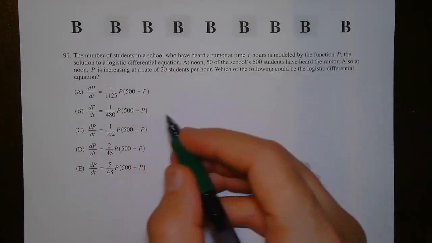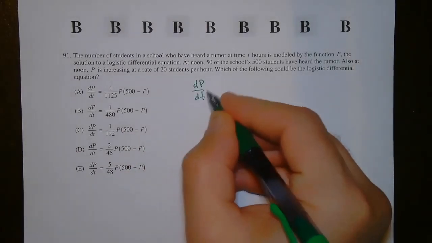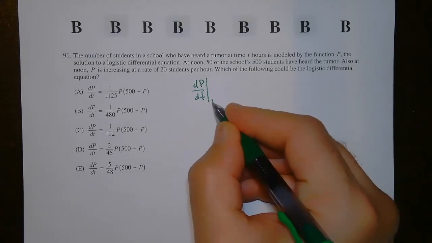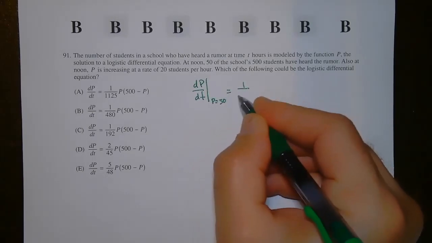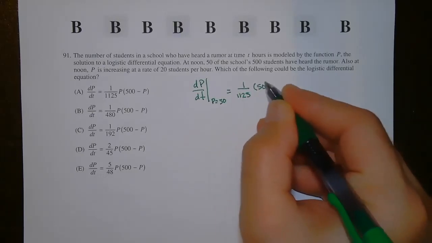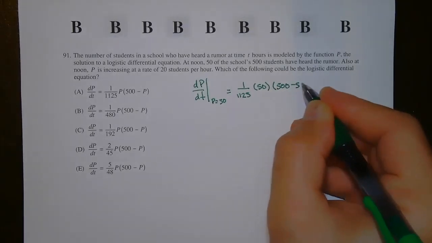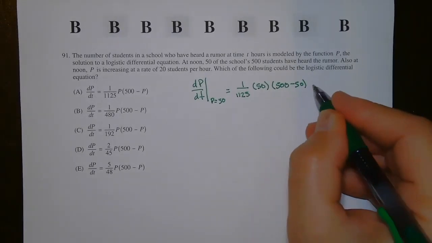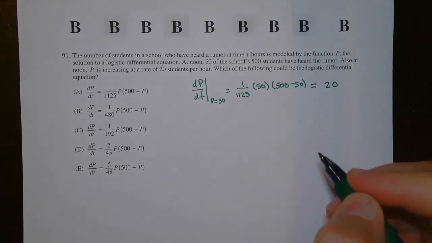If you try this first one, dp/dt at p equals 50, that'd be 1 over 1125 times 50 times 500 minus 50. If you put that into your calculator, what you would get out is 20.